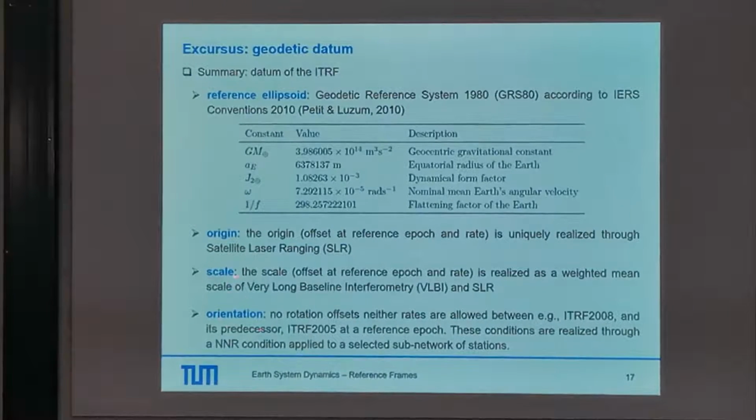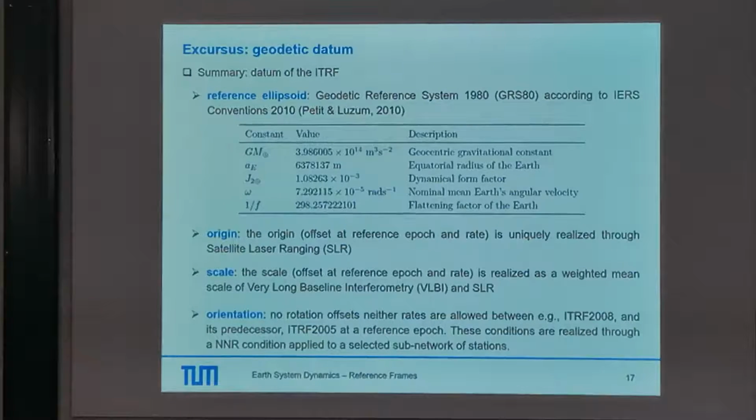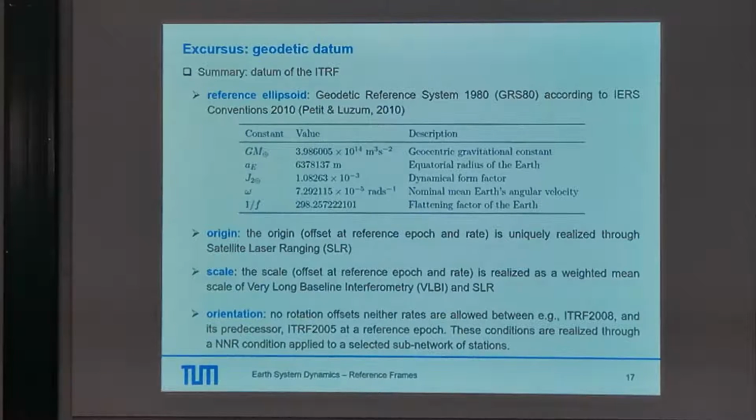And finally, we have the orientation, where we had this NNR condition. No rotation offsets or rates are allowed between 2 different realizations. So this is an NNR condition. We learned before that with the NNR condition, we minimize the network rotation, or the common rotation or common motion of all the stations.